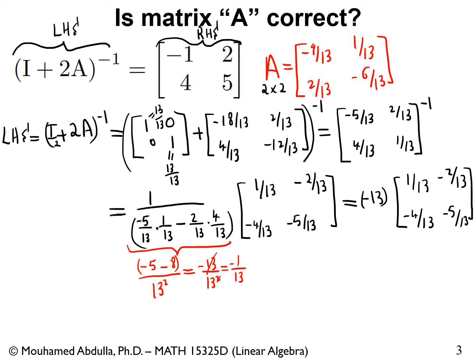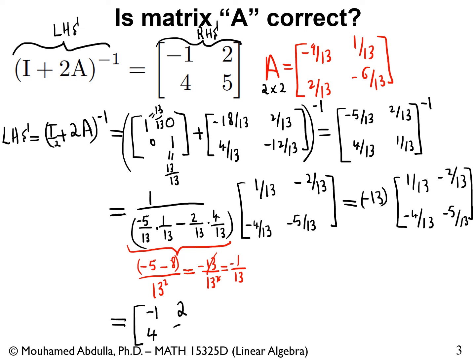Now we multiply each entry by minus 13, and what do we notice that we get? Minus 13 times 1 over 13 is just minus 1. Minus 13 times minus 2 over 13 becomes simply 2. Minus 13 times minus 4 over 13 becomes simply 4. And minus 13 times minus 5 over 13 simply becomes 5.